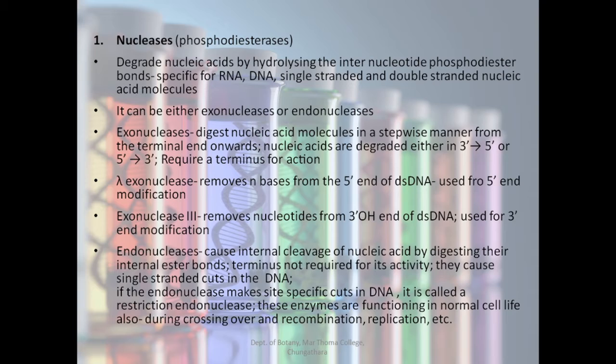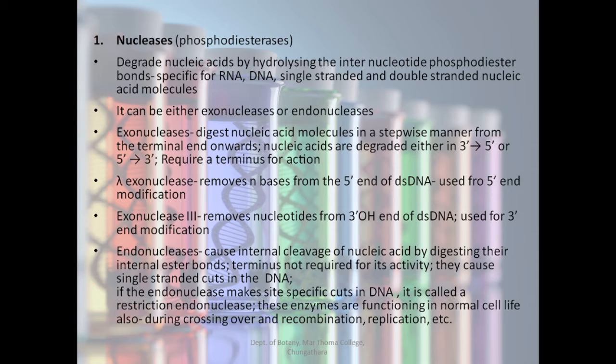The second group of nucleases are endonucleases, which cause internal cleavage of nucleic acids. That is, they cleave the internal nucleotide bonds. A terminus is not required for this activity, and they cause single-stranded or double-stranded cuts in the DNA. If the endonuclease makes a site-specific cut, it is known as a restriction endonuclease.